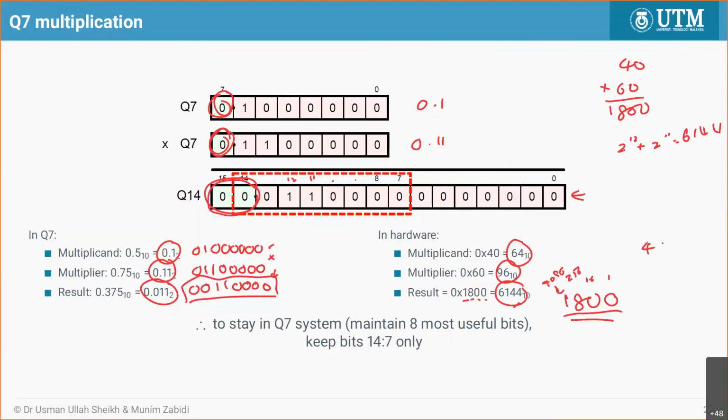So you only need to keep the 7 bits after the sign bit. One sign bit and then 7 after this. That's one way of looking at it. Did I make you more confused?